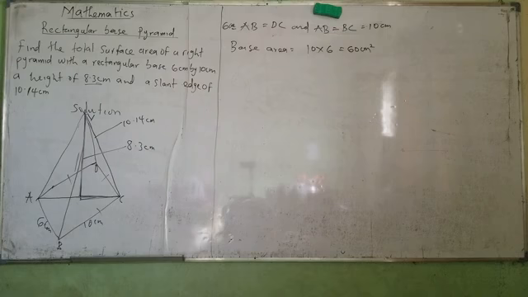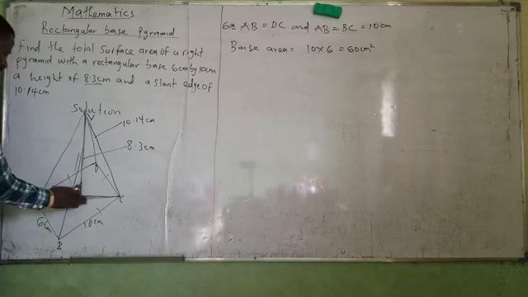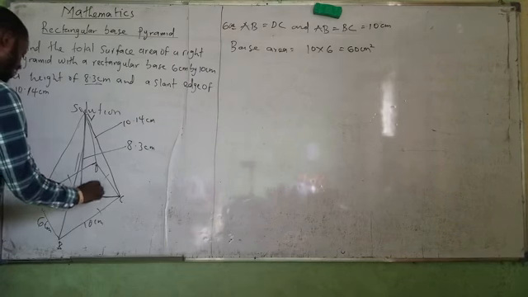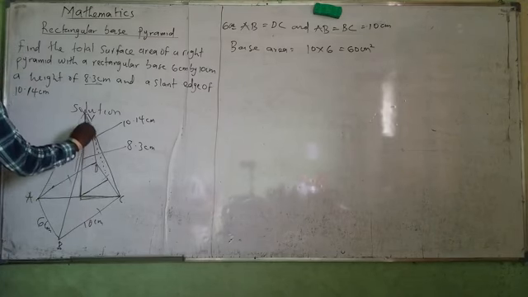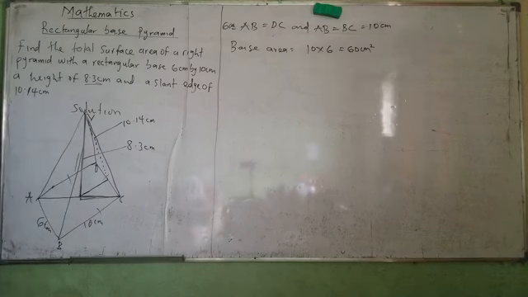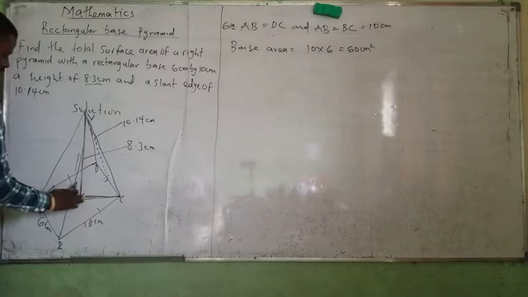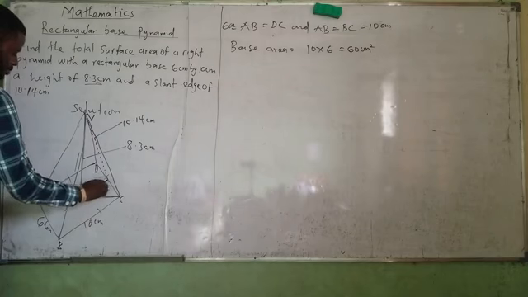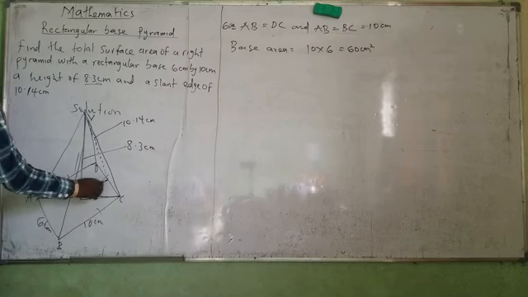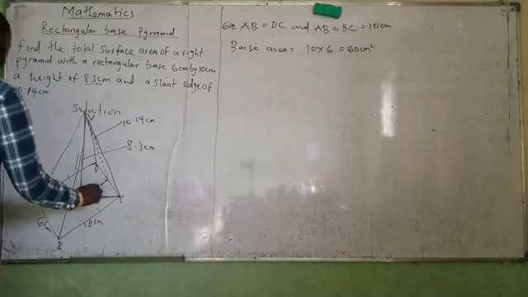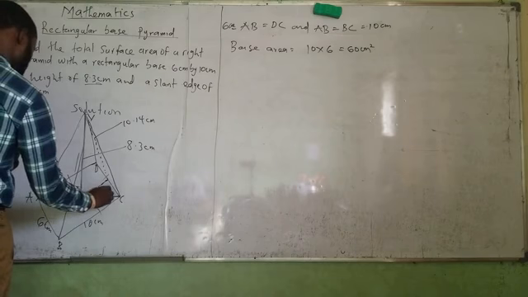The only thing is that I can decide to have something like this. Yes, it's allowed to have something like that. If the whole line is 10, it means here will be 5 centimeters.